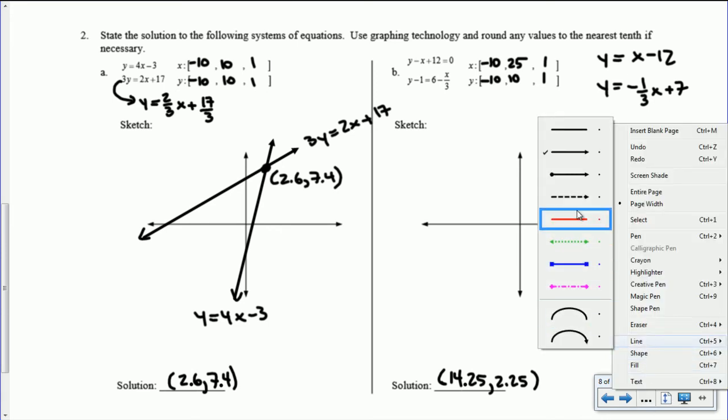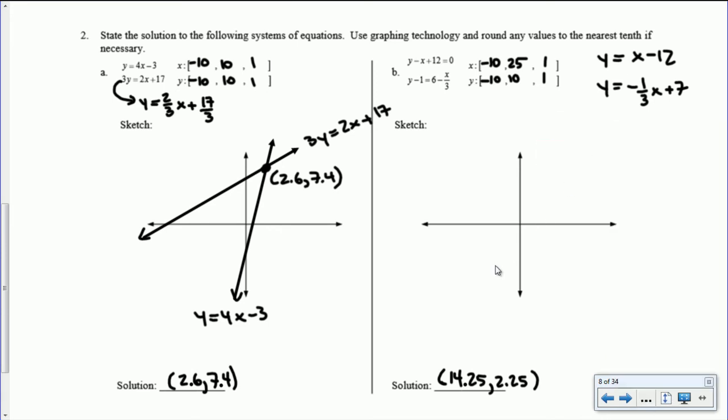So let's do a quick sketch. Something a bit looking like that.